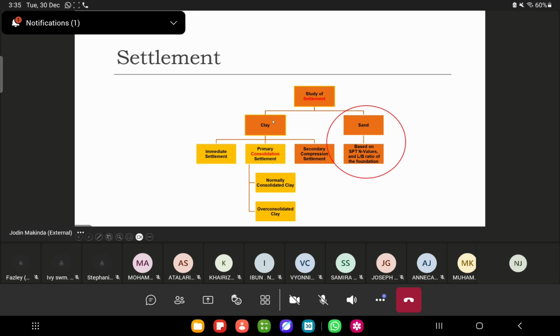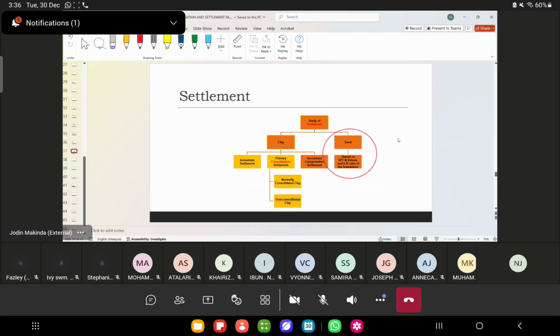On clay, we have covered immediate settlement, primary consolidation, and secondary compression. And then you can see also settlement on sand based on SPT value and also the ratio value. Okay. All right. So that is the end of today's lecture.